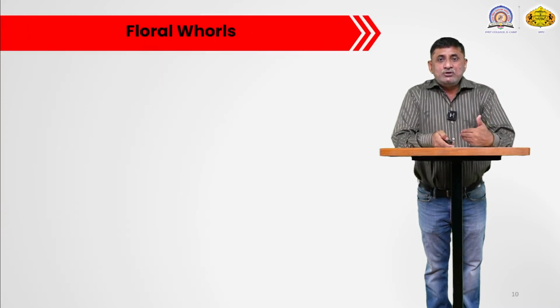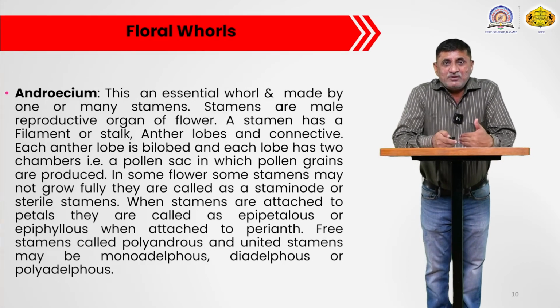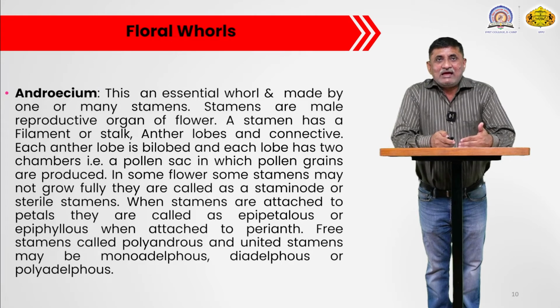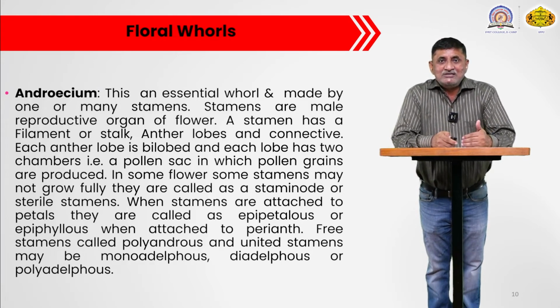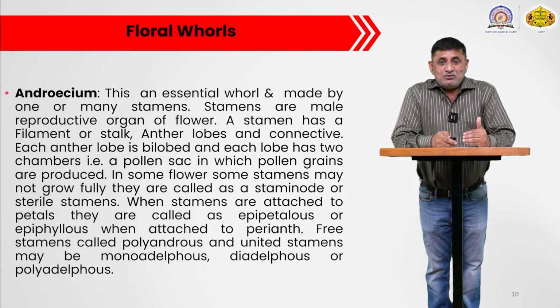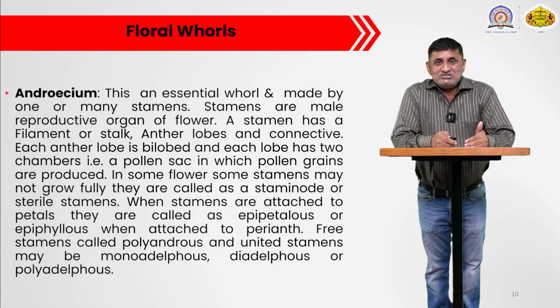Now we are going to see the next whorl of a flower. The next whorl, the third whorl from outside after calyx and corolla, is called the Androecium. This is an essential whorl and is made by one or many stamens. Why is it essential?